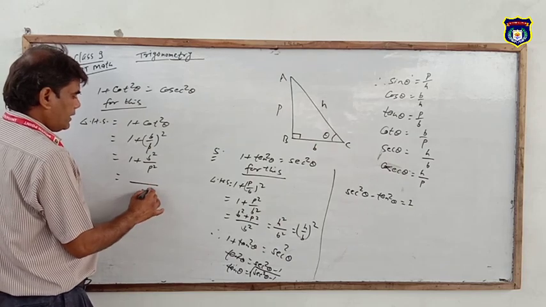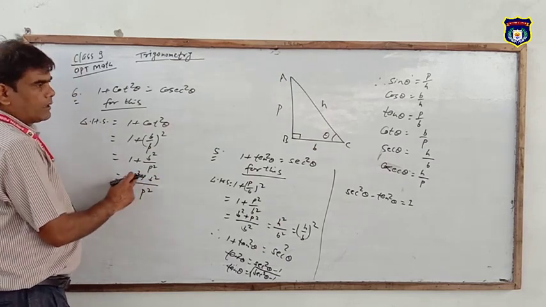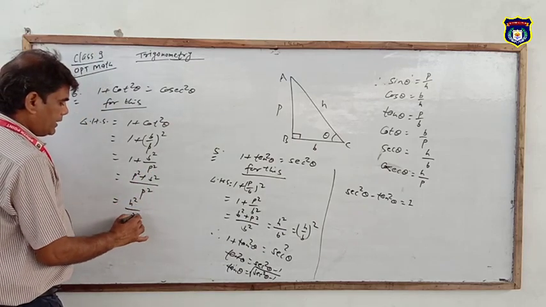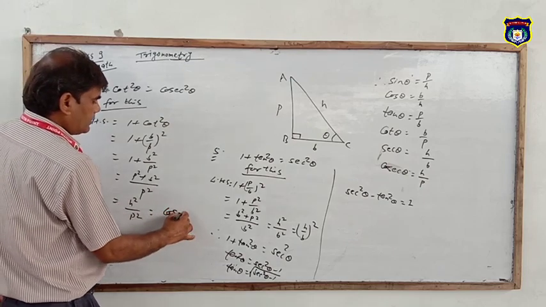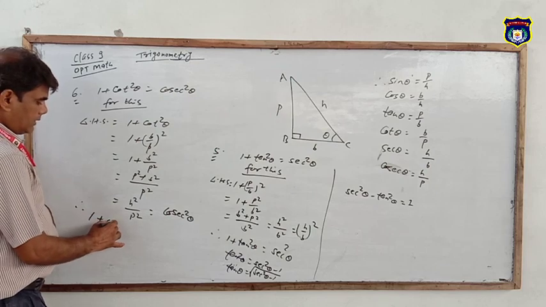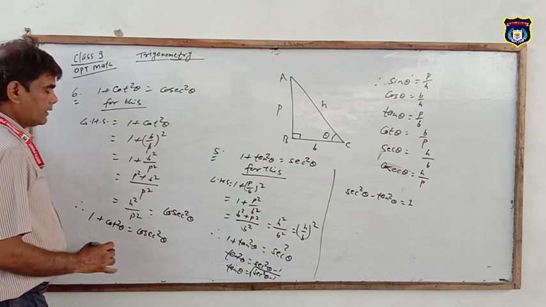So P square plus B square, by Pythagoras theorem, H square by P square. This is H by P, which is cosec square theta. Therefore 1 plus cot square theta is equal to cosec square theta.